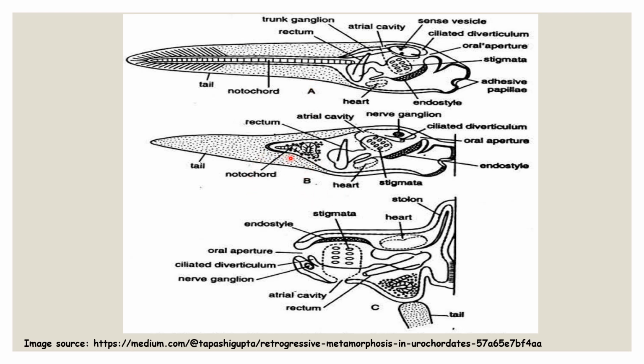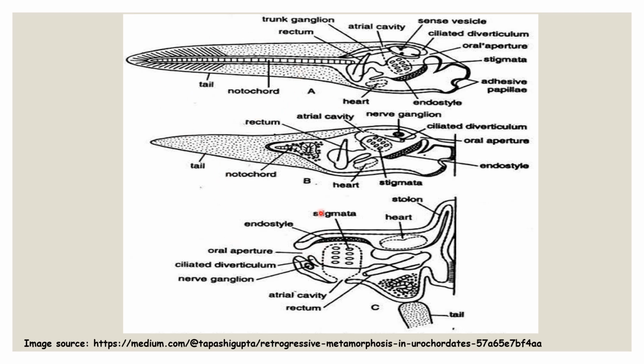We can clearly see in this diagram how the notochord is shrinking, and it has already lost the myotomes that are present in the tail region, and ultimately it transforms into a completely sessile adult lacking all these chordate characters.